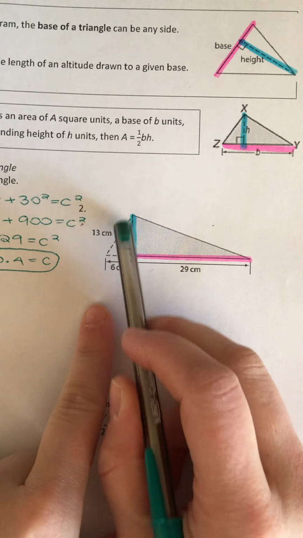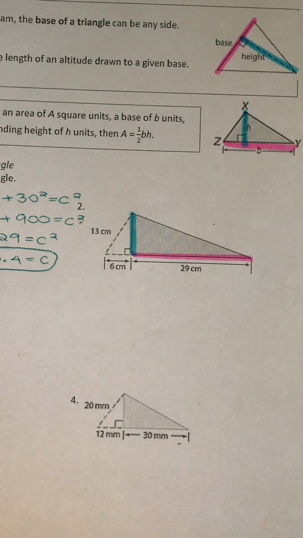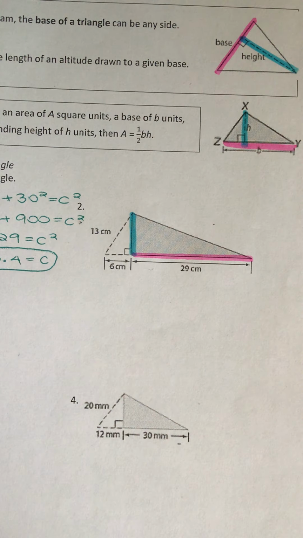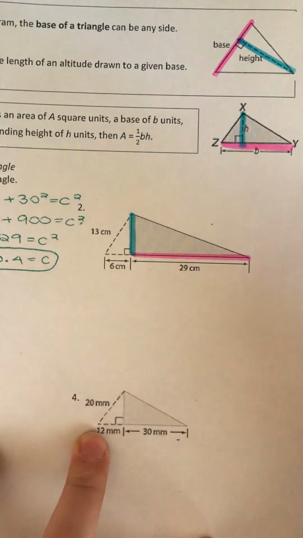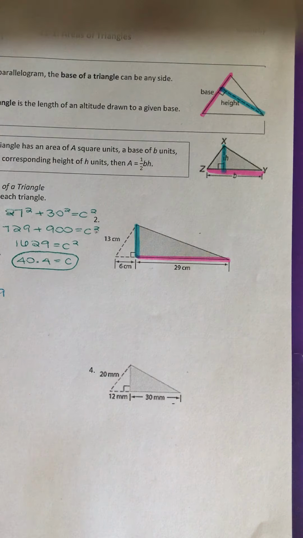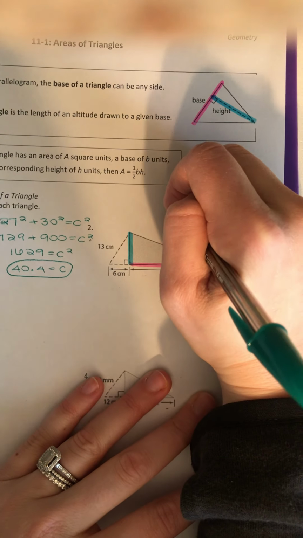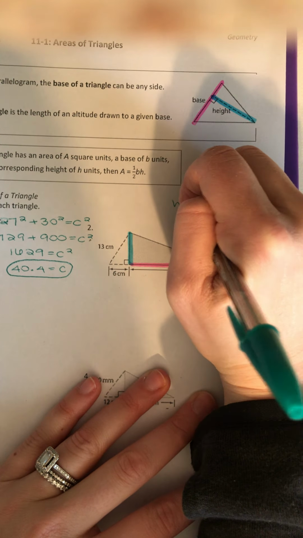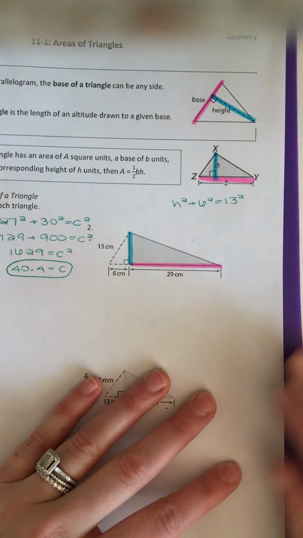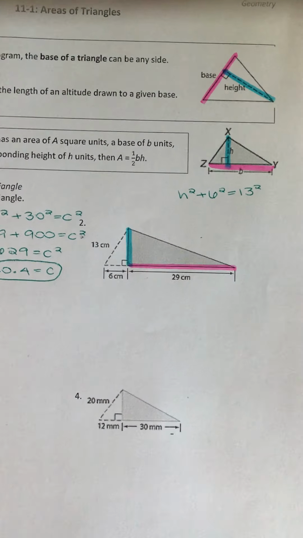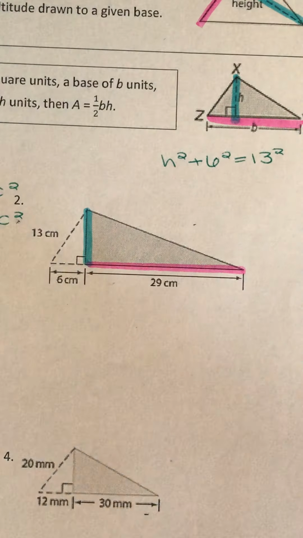I'm going to look again at this white triangle because those are the two sides that I have. But keep in mind, I'm not finding c. c is going to be 13. That's my hypotenuse. So I'm going to just call it h because it's my height. h squared plus 6 squared equals 13 squared. Let me zoom in here a little.